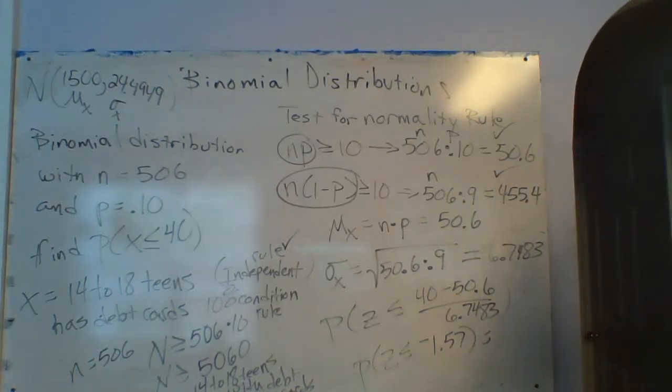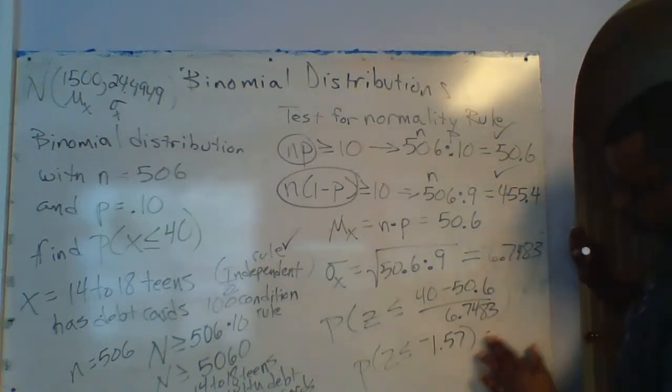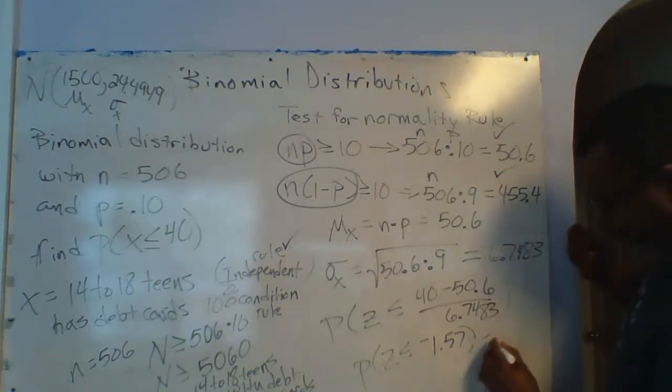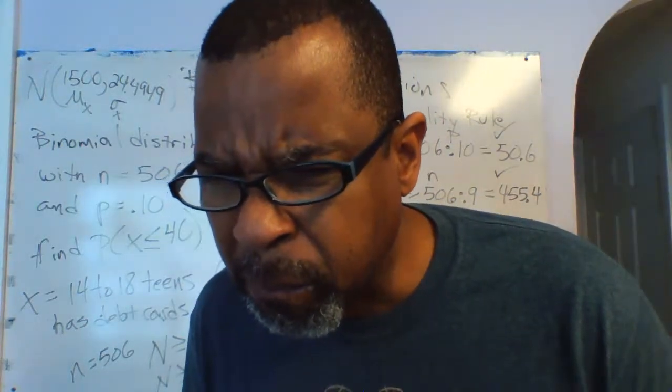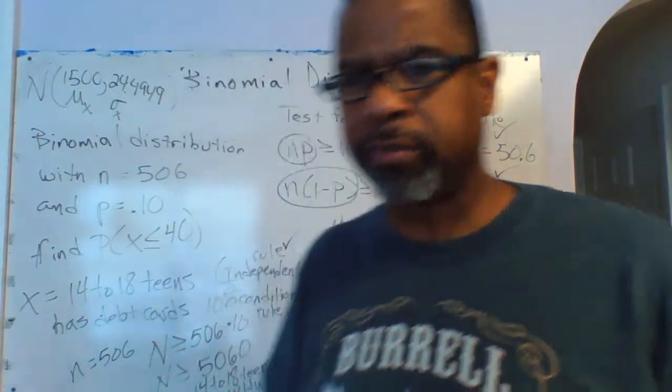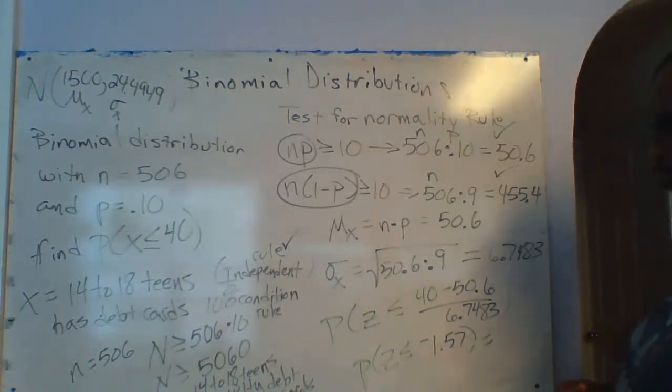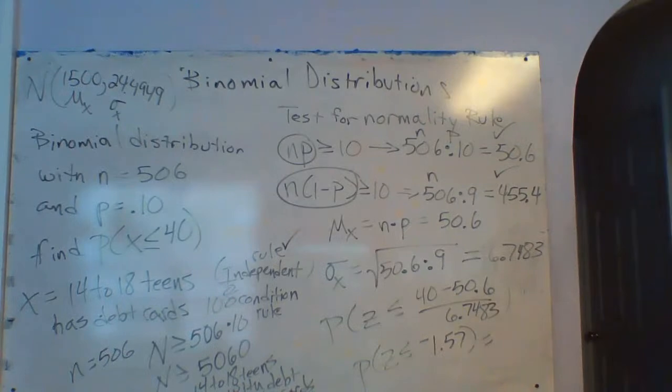Then we're going to look that up. So we got a negative 1.57. And so what's the probability that's going to occur?